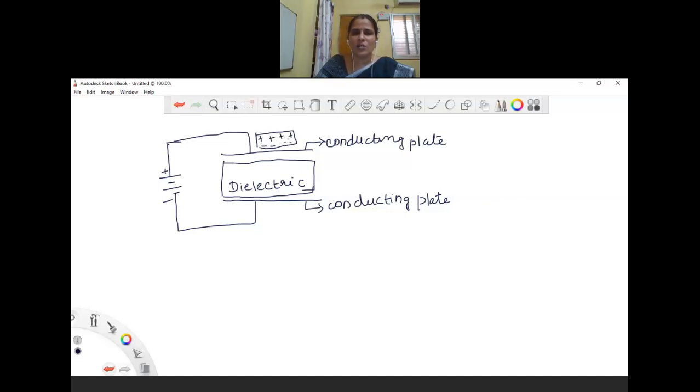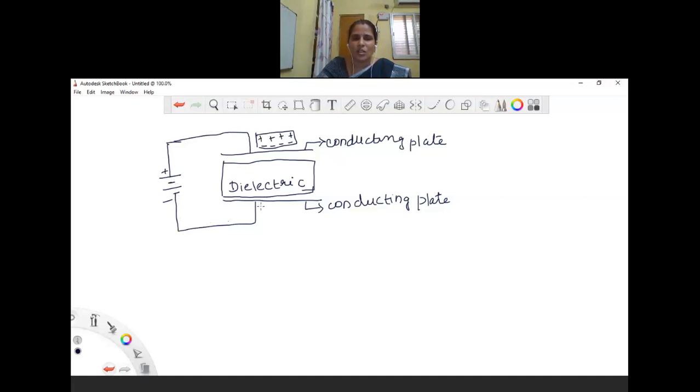What are these negative charges? These negative charges are nothing but electrons. So when we connect the battery between these two plates, the electrons from the top plate are attracted by the positive terminal of the battery, and these electrons are again attracted by this plate.